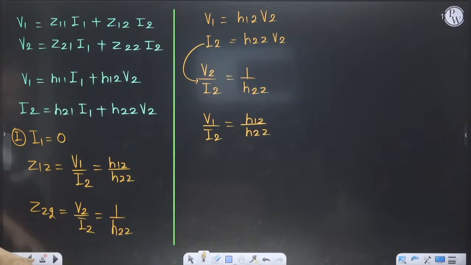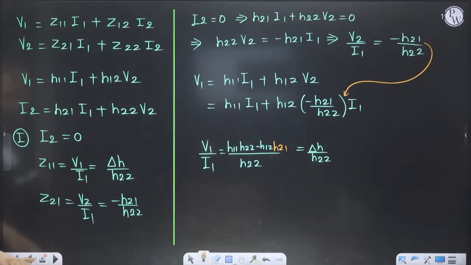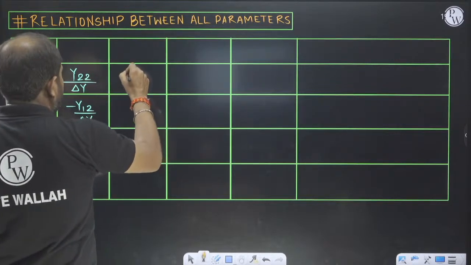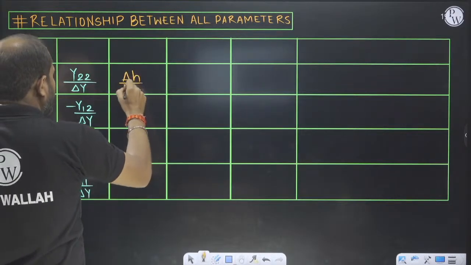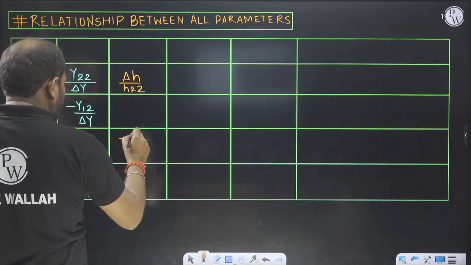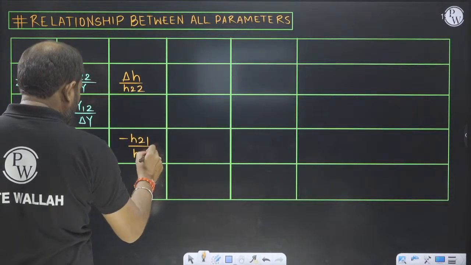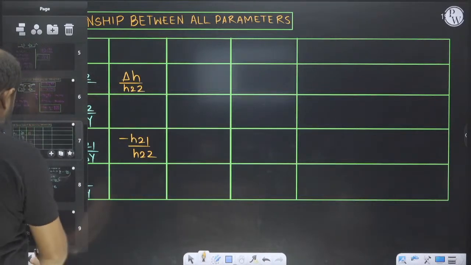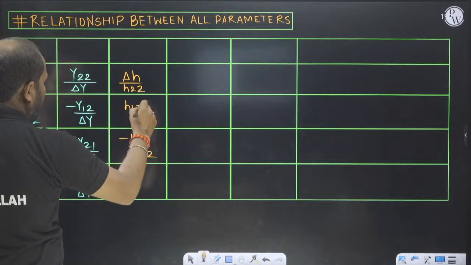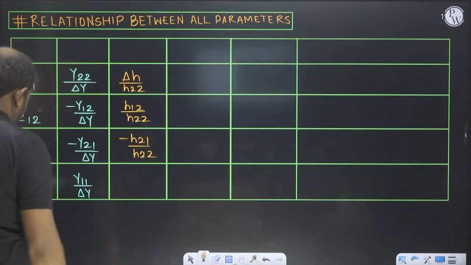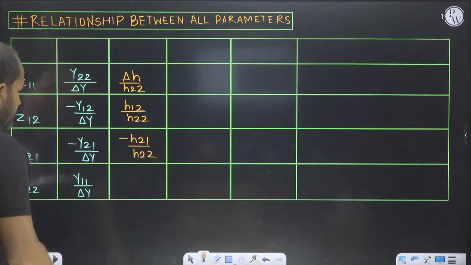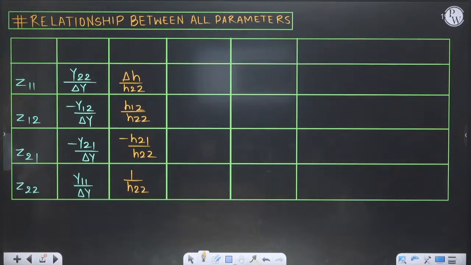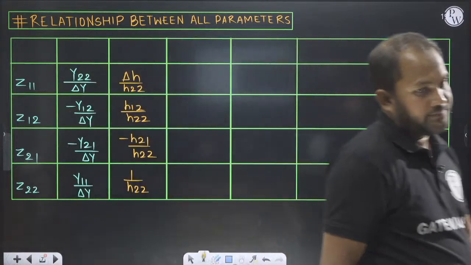Z parameter in terms of H parameter. So our answer in H parameters is delta H upon H22, minus H21 upon H22, second H12 upon H22, and third 1 by H22. So this is our H parameter.